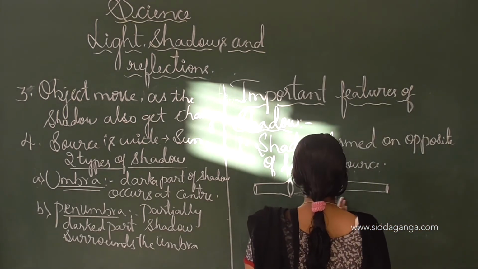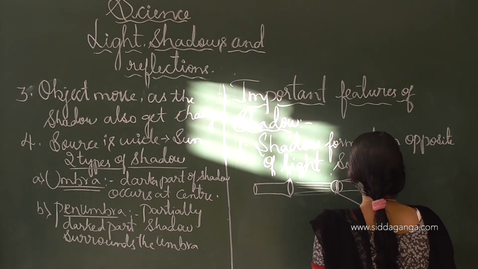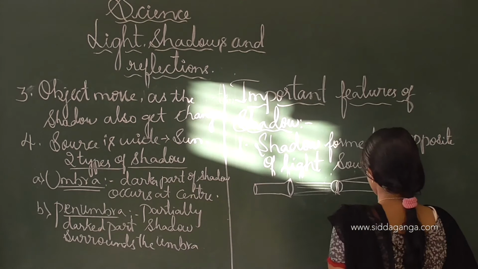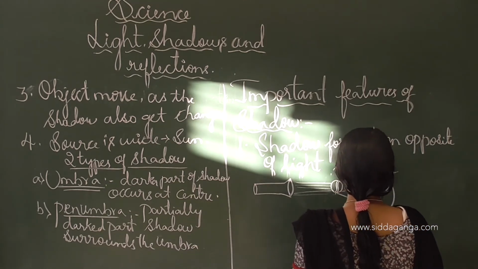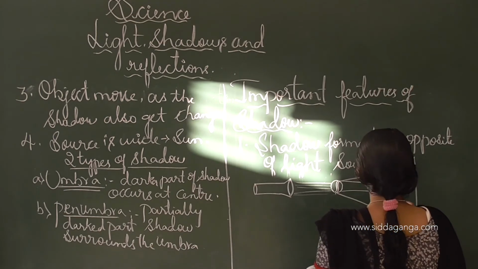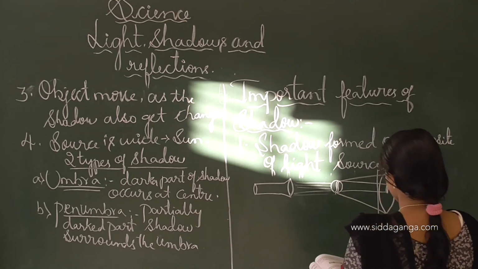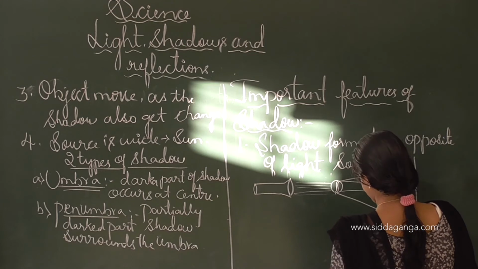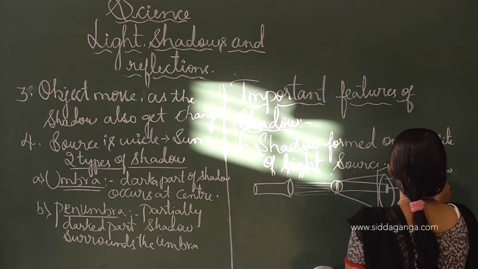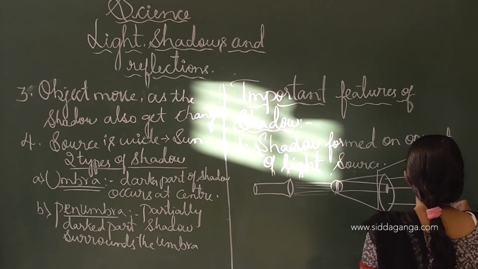See, this one is the ball, I will write afterwards, and see, this is the shadow, and here is the umbra stage, and this one is the penumbra.